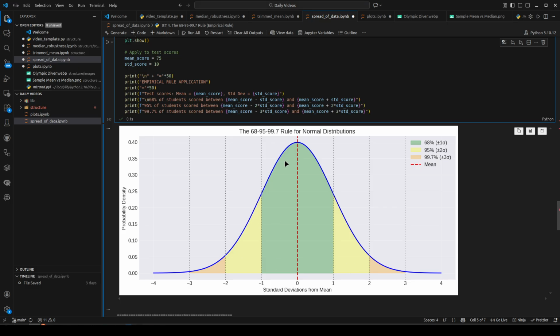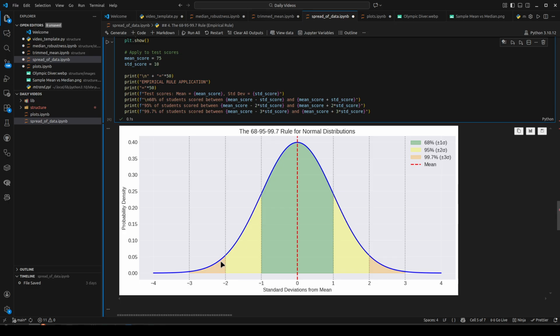Well, with this normal distribution that we see everywhere, roughly, we have this rule, which is called the empirical rule, or the 68, 95, 99.7% rule. And it tells us that within one standard deviation, plus or minus, so one standard deviation above the mean and one standard deviation below the mean, we have a 68% chance of seeing that data point within it, right?